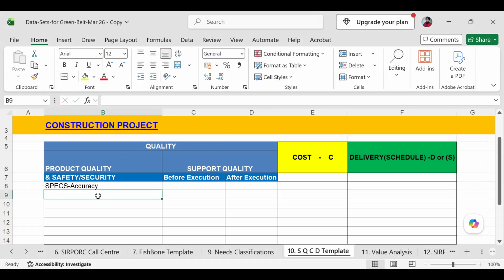Okay. Then what else? The quality of materials, and the schedule, I think. Schedule, okay. So where will it go? Schedule will come here, in delivery, at the end. Yes, the baseline.